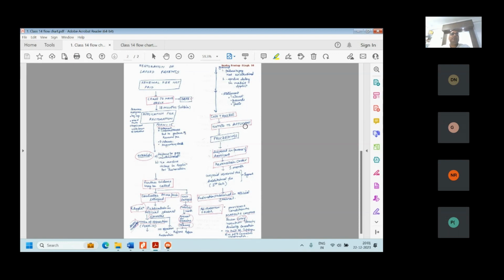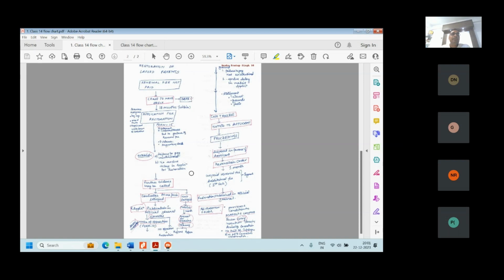What you have to establish is that the failure to pay was unintentional and that there was no undue delay in applying for restoration, and that you were not lethargic in coming to the controller to get it restored.